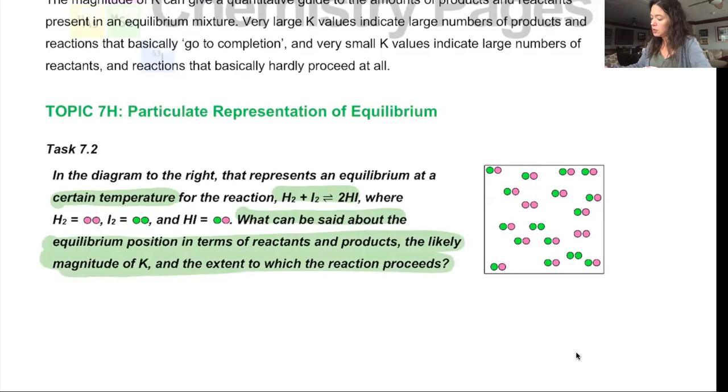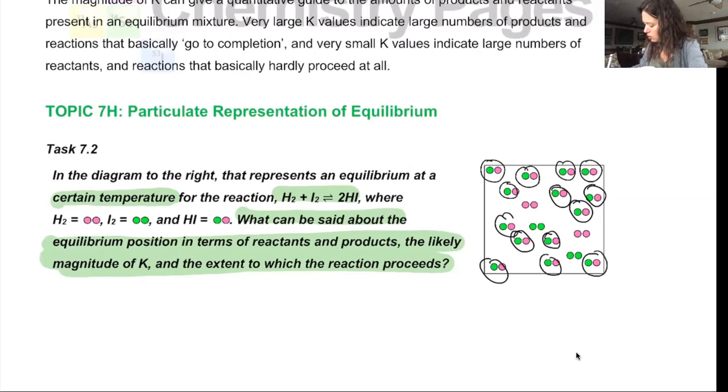Well, guys, you should have learned by now with these particular diagrams to start counting. HI: 1, 2, 3, 4, 5, 6, 7, 8, 9, 10, 11, 12, 13, 14.